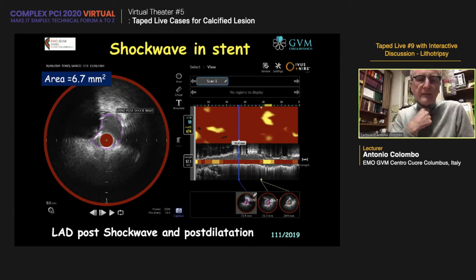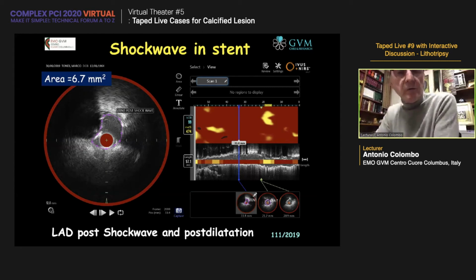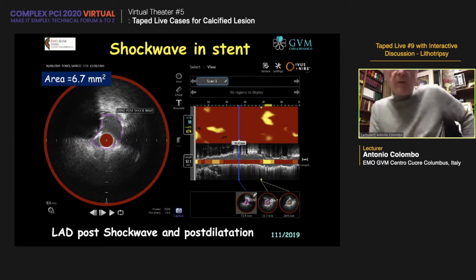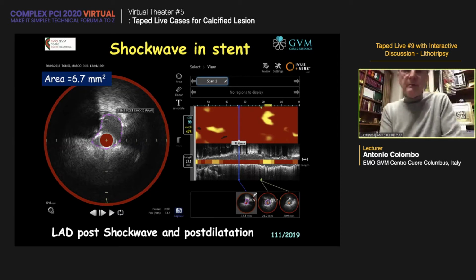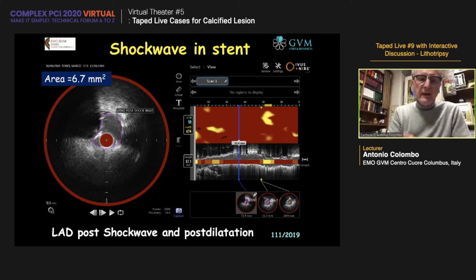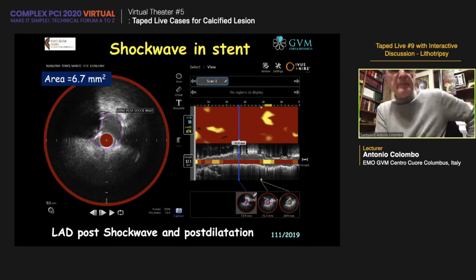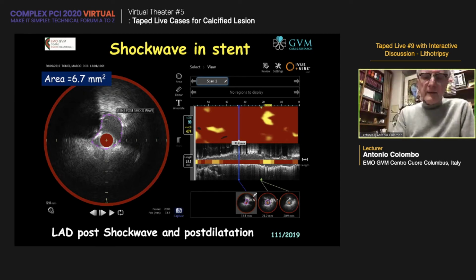And even if you do shockwave, we may not be successful in fully breaking the focal calcium, and the final result is still suboptimal. So this information should be obtained at baseline, and if the calcium is granular and not diffuse at least 180 degrees, you may get an improvement with shockwave, but it is not going to be the one that we saw in the first case.